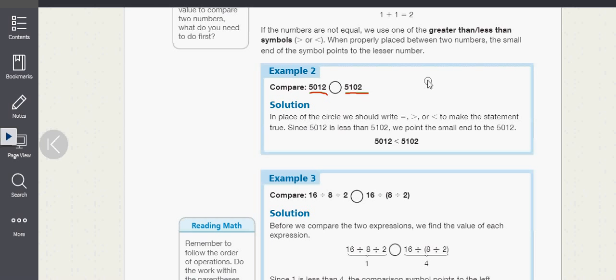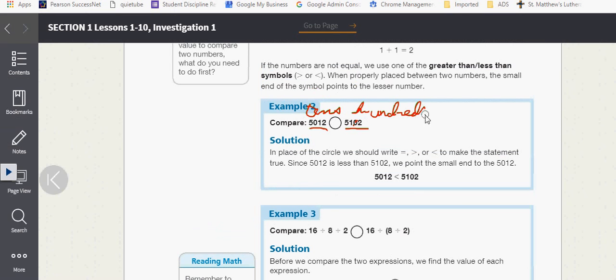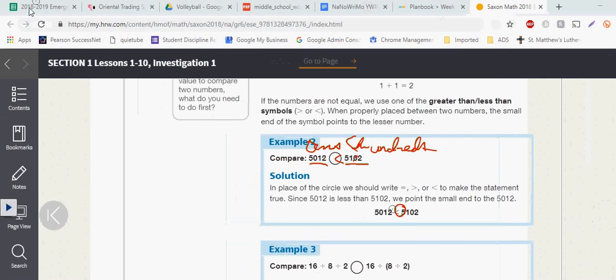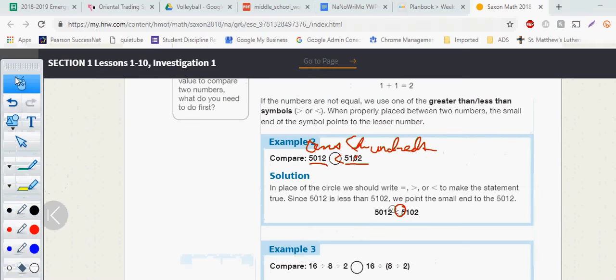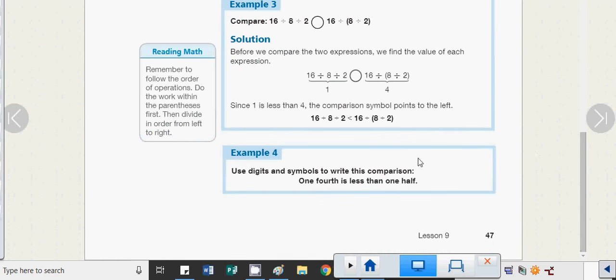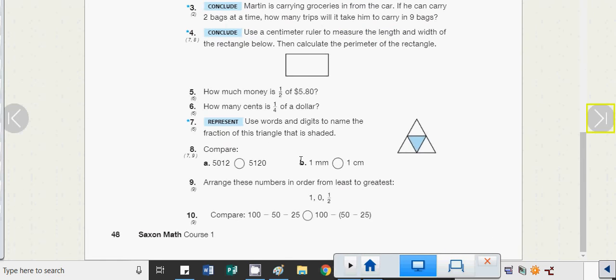What's worth more, the tens place, or here we have a 1 in the hundreds place? Because of course where there are zeros, that doesn't really affect the value, and hundreds are always bigger. So this symbol should be written like that: 5,102 is the bigger number. Comparing, thinking about the number line too and how that would have looked.